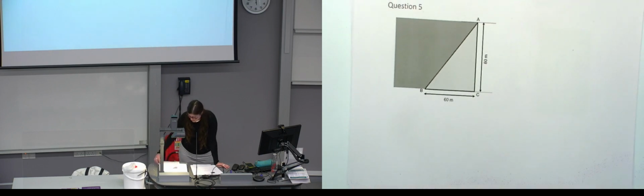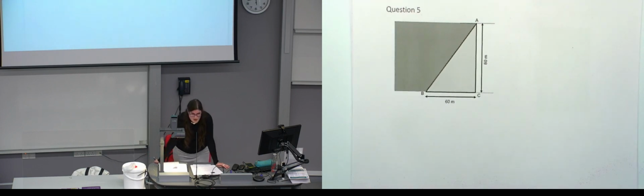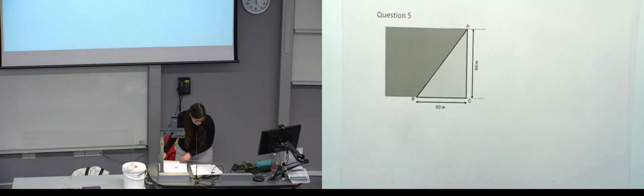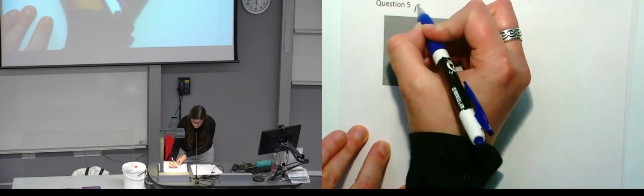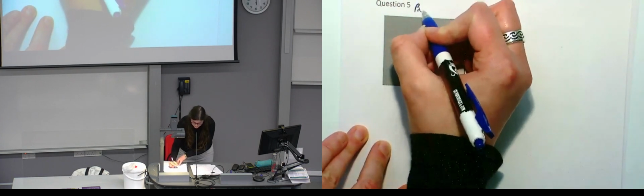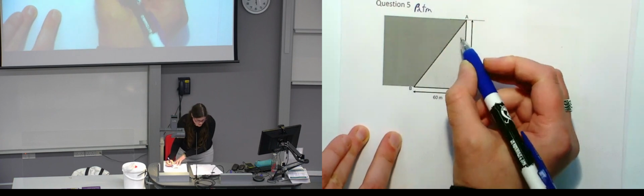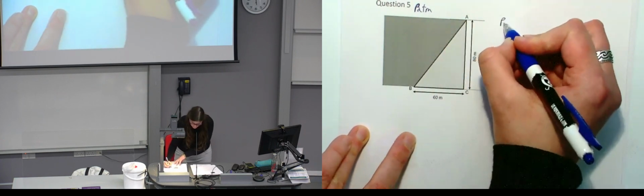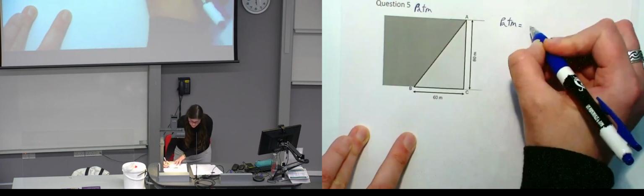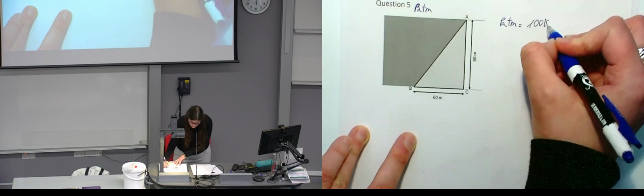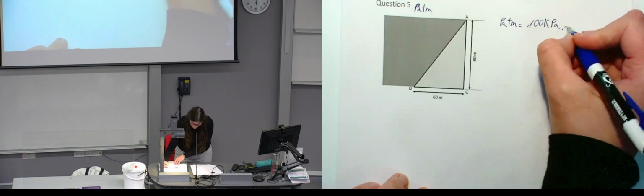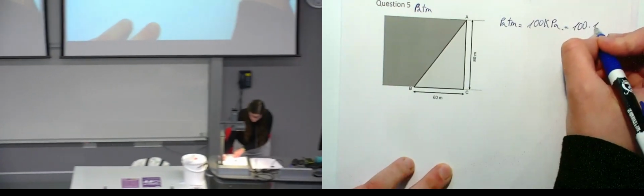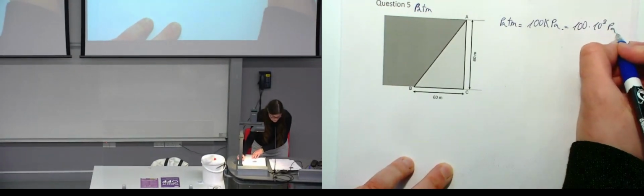So if we start to write what we know, this is the atmospheric pressure, and we know that the atmospheric pressure is 100 kilopascals.